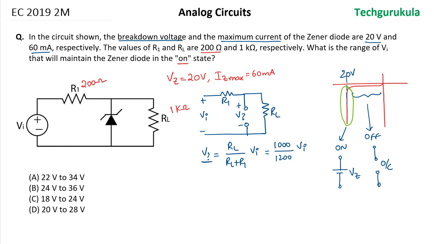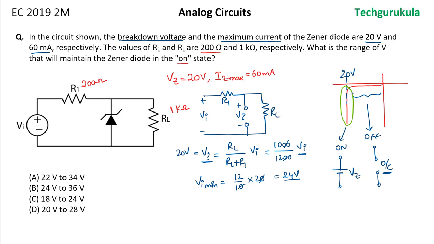Just before entering the breakdown region, the Zener diode is open circuit. So let's make this voltage equal to 20 volts to find the minimum input voltage to make sure the Zener diode enters breakdown. So the minimum VI is equal to 12 by 10, these two cancel, times 20. So this will be 24 volts.